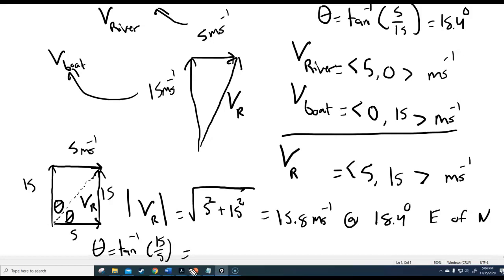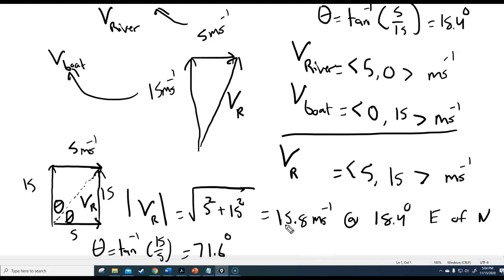Putting it into my calculator and rounding, you get 71.6 degrees. If you look at 18.4 and 71.6, you should notice that those two angles are complementary to each other, in the sense that they add to be 90 degrees.